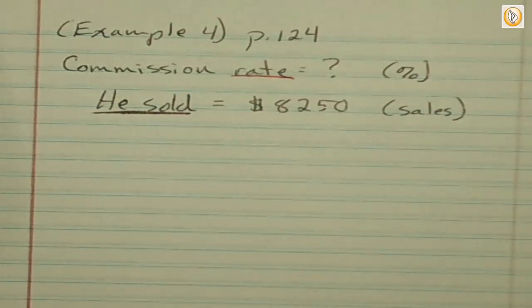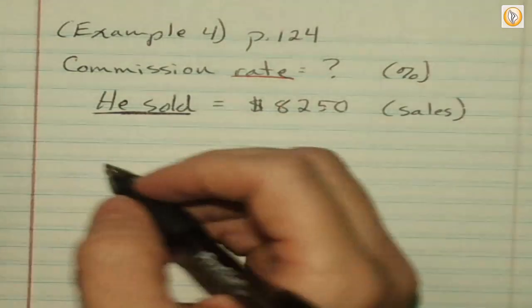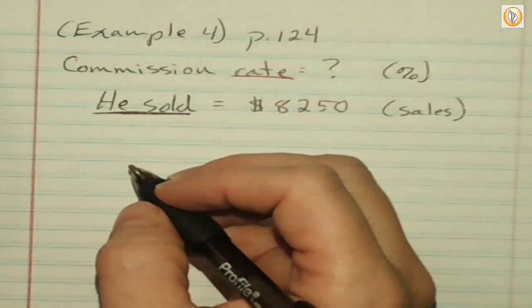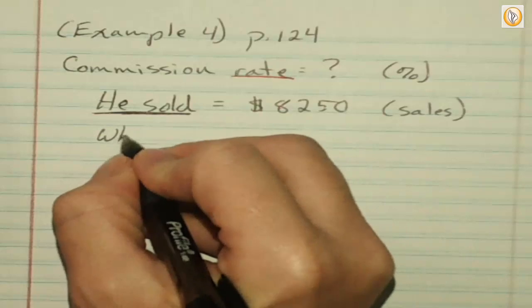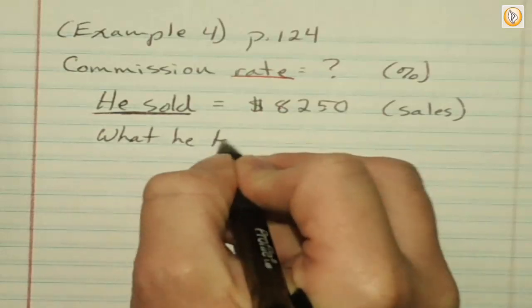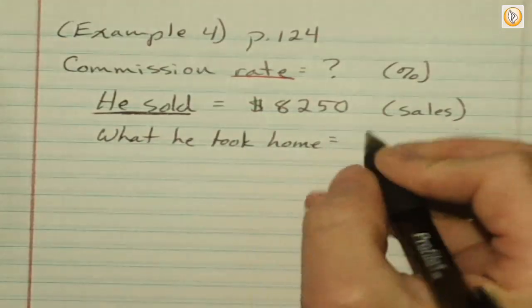His gross income for the month was $3,660. It includes a monthly salary of $2,175. So it says again, his gross income for the month. Guys, what he took home. So you'd have to subtract. Hold on. Let's write out what they gave us.